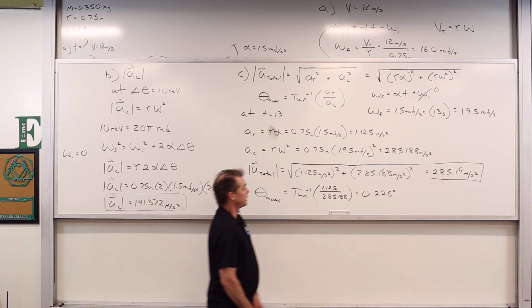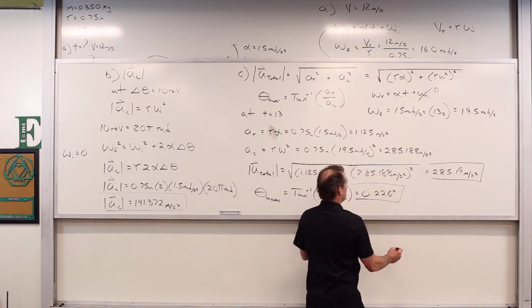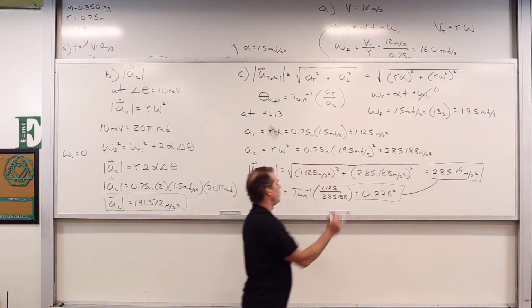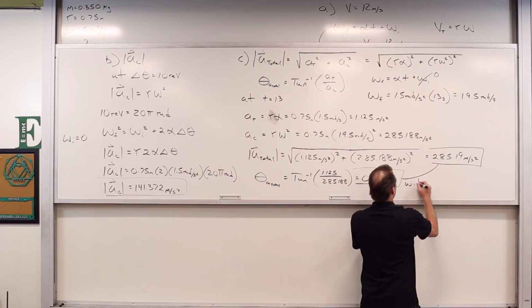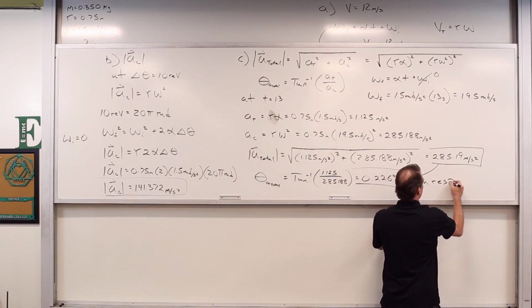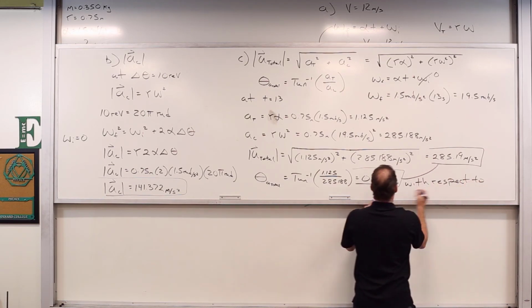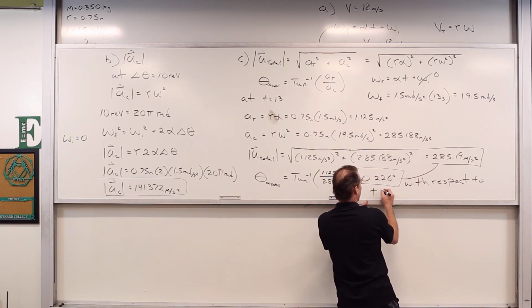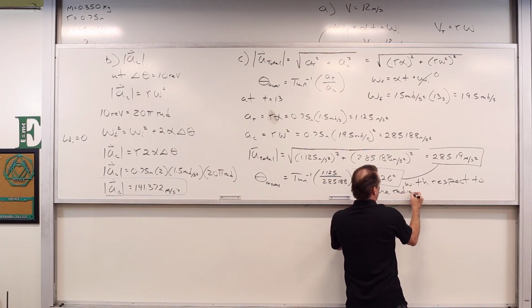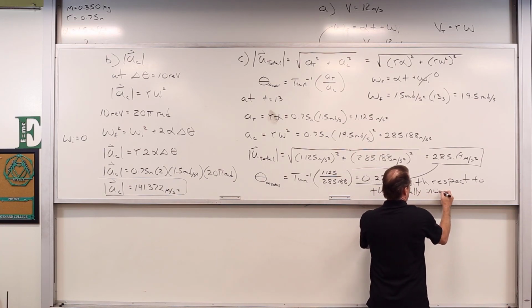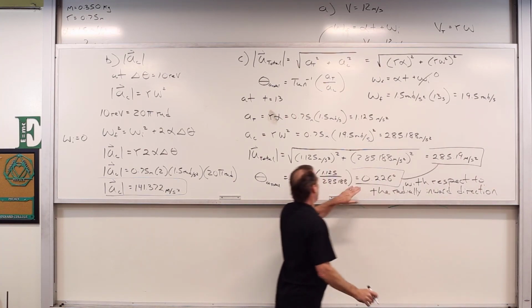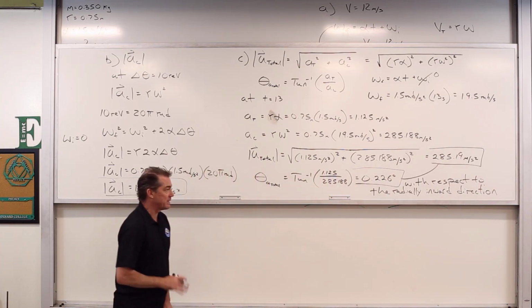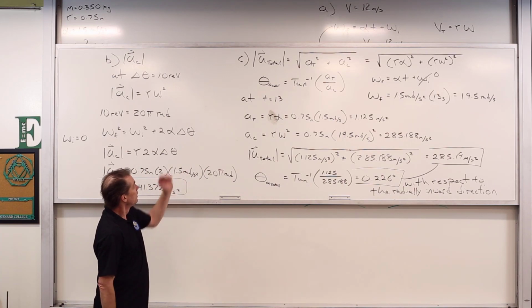All right, so overall, we've got magnitude and direction, and this again is with respect to the radially inward direction, with respect to a sub c, excuse me, centripetal acceleration.